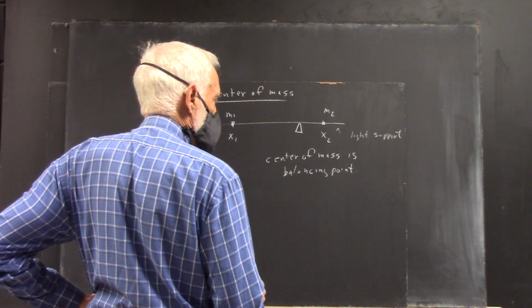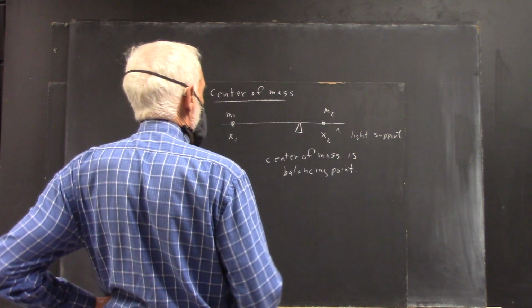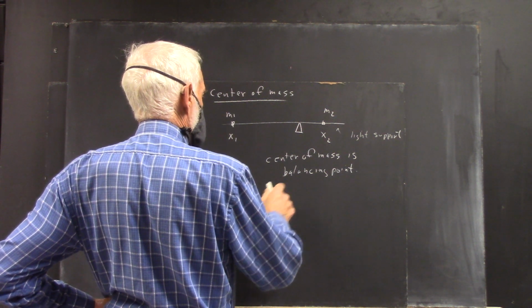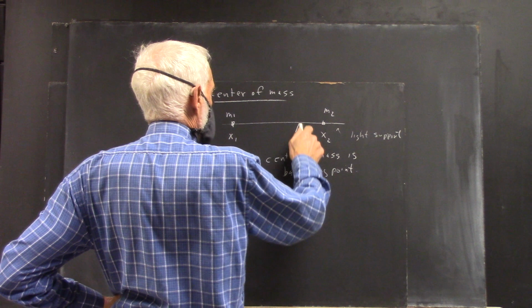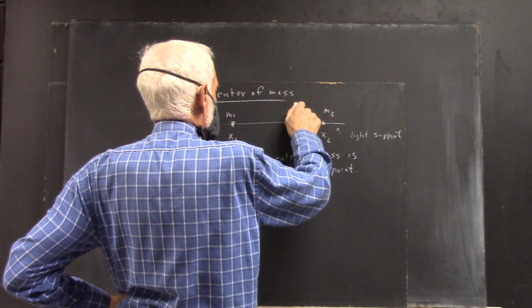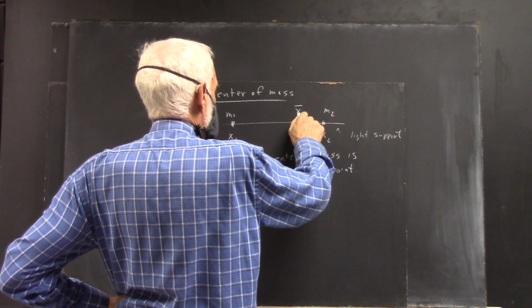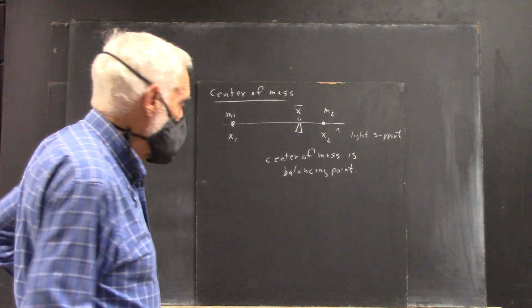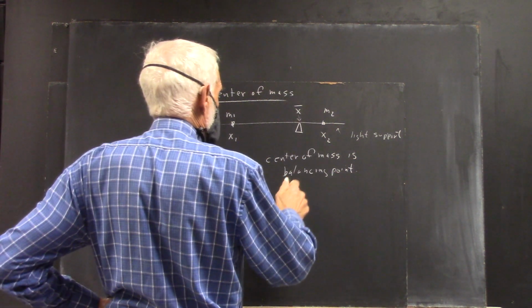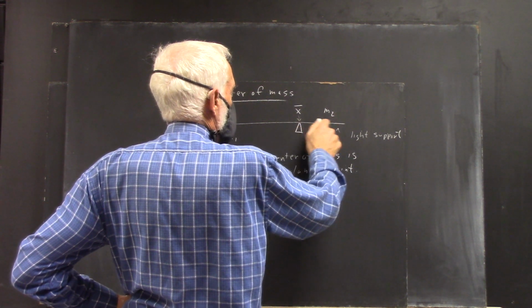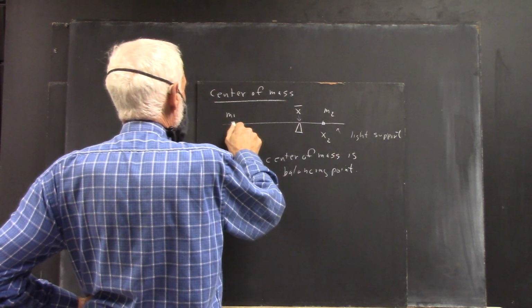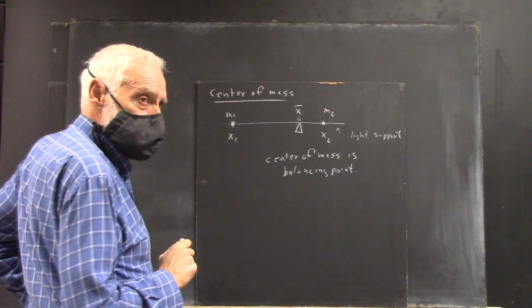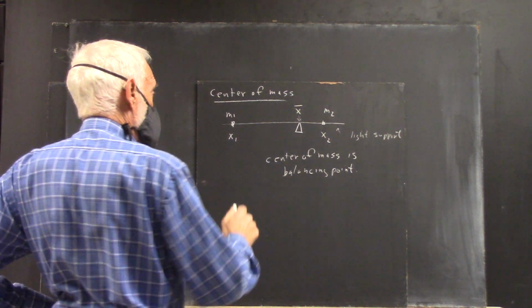And the balancing point has the, okay, let's say that center of mass is at x bar. Then M2 times this distance has to equal M1 times this distance. Or we could put it this way.